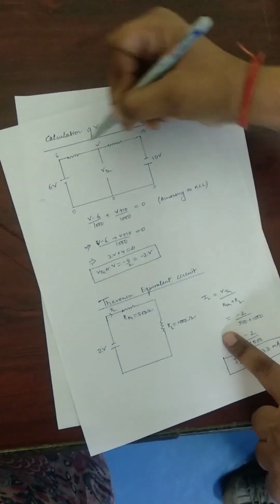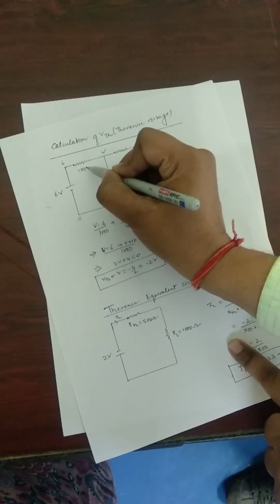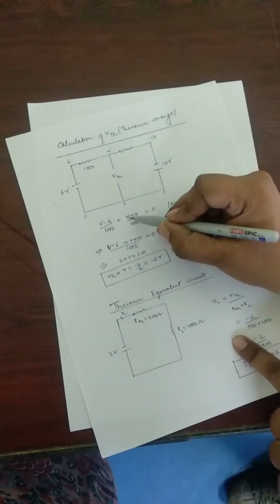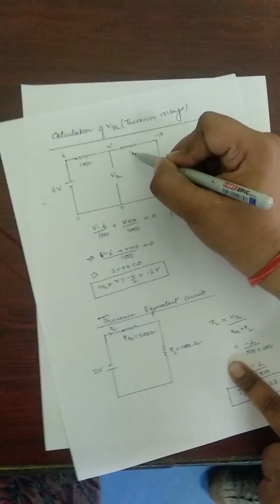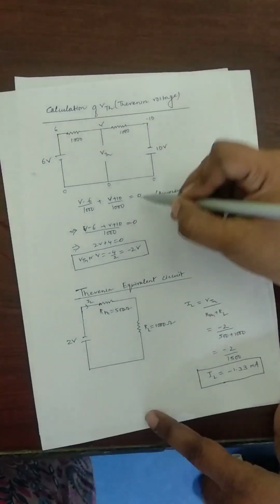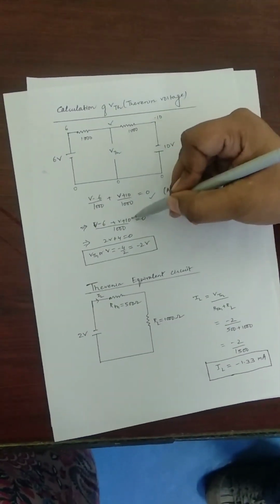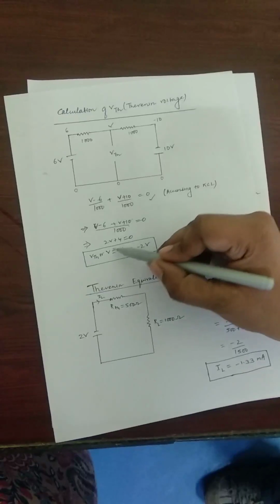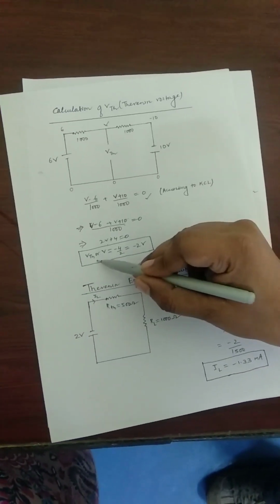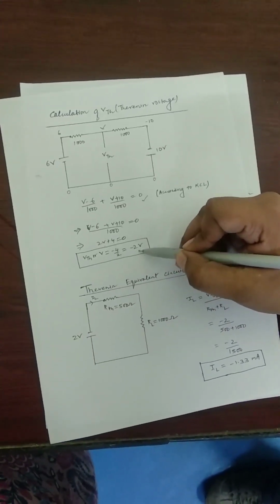So (V minus 6) by 1000, and (V minus of minus 10), that is (V plus 10) by 1000. According to KCL, the sum is equal to 0. So we have 2V plus 4 equal to 0. So VTH, the Thevenin voltage, is minus 4 by 2, that is minus 2 volt.